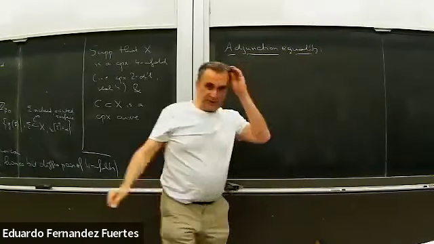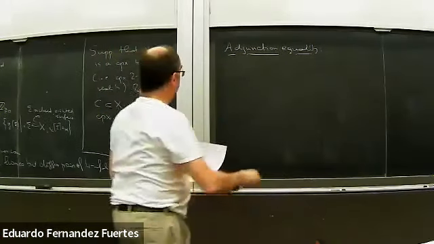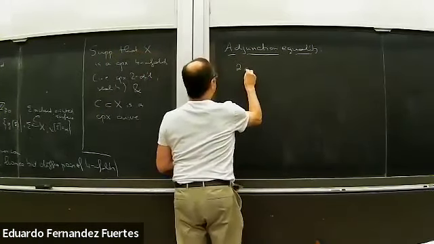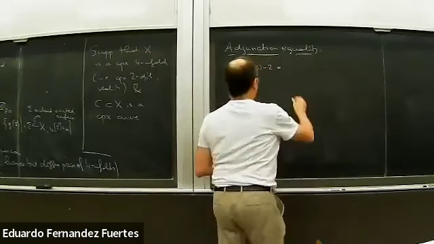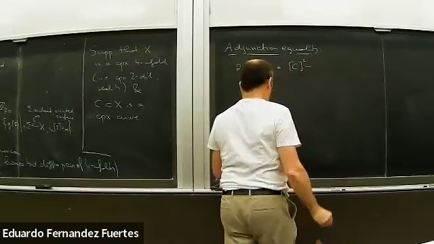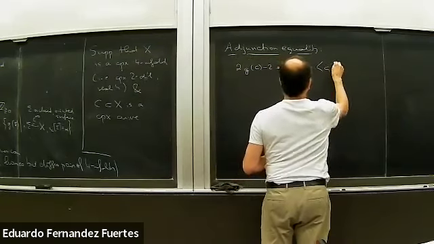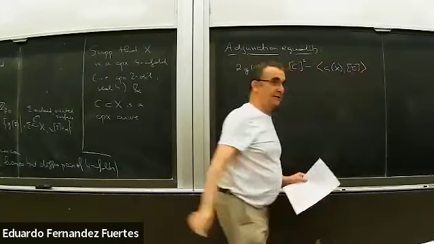And in order to state it, I should check my notes because I always make a mistake with the signs. So twice the genus of C minus 2 should be equal to the self-intersection of the homology class minus c_1 of the four-manifold evaluated on the class.